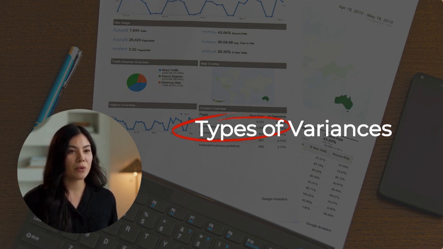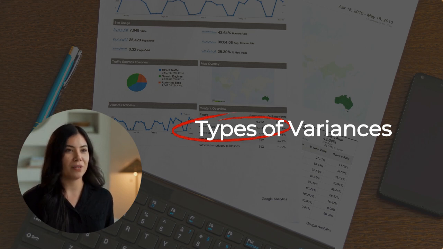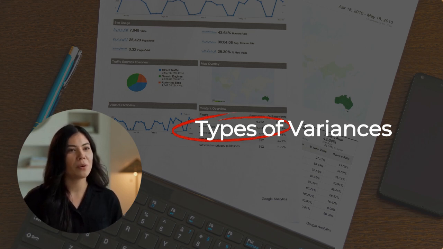Example: standard equals 10 kilograms at 50 Naira equals 500 Naira, actual equals 12 kilograms at 55 Naira equals 660 Naira. MCV equals 500 Naira minus 660 Naira equals 160 Naira, which is unfavorable.